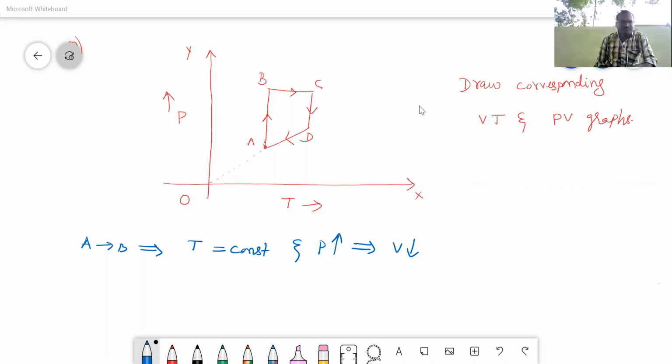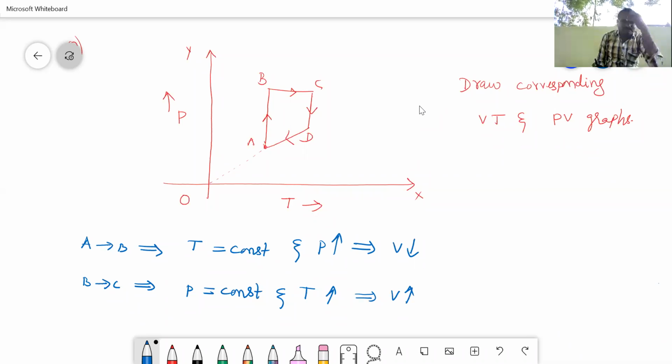Good. Next, the B to C process. Pressure constant. And what happened to temperature? Temperature is increasing. When temperature increases, volume also increases.